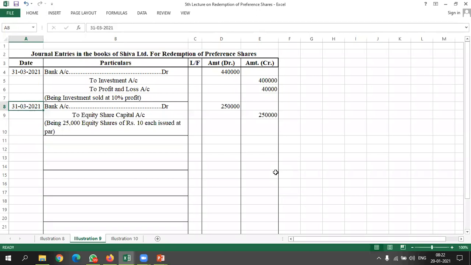Now after this we will transfer claim. For transferring a claim we have preference shares of rupees 5 lakh.